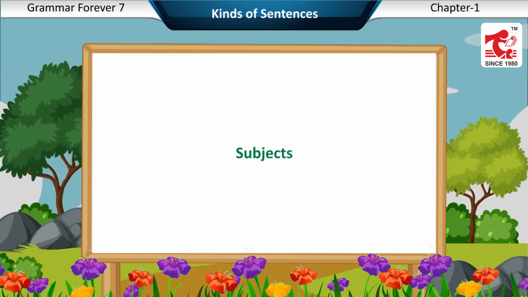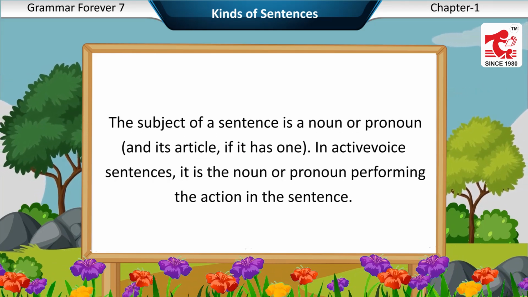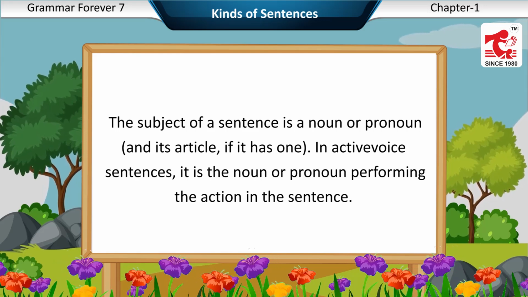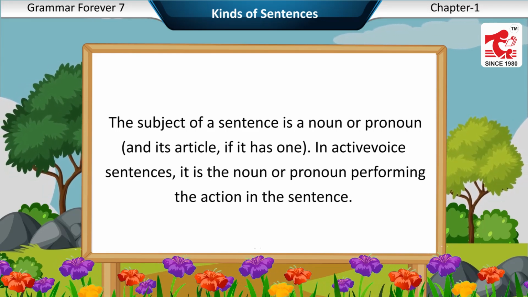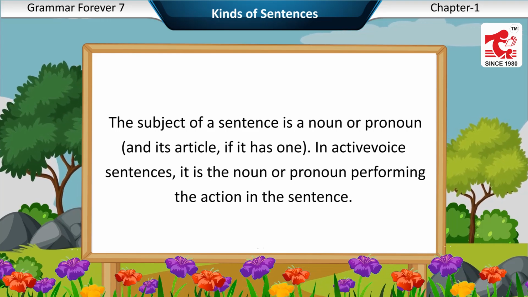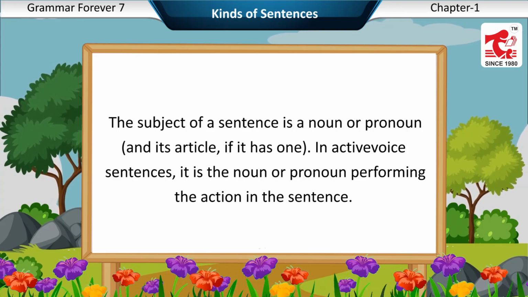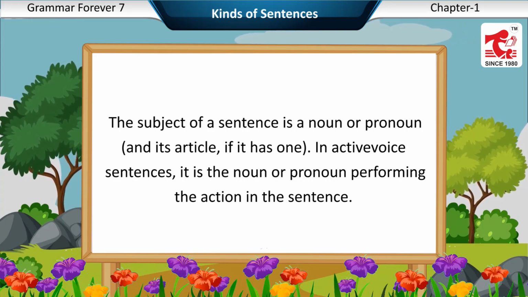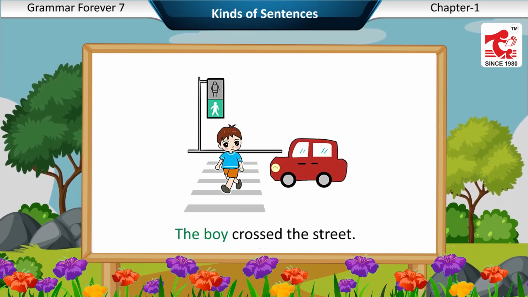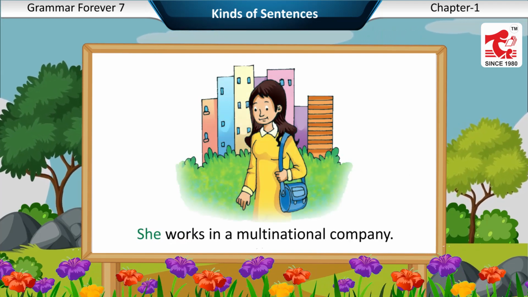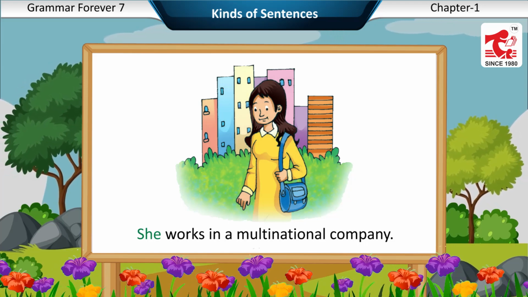Subjects. The subject of a sentence is a noun or pronoun, and its article if it has one. In active voice sentences, it is the noun or pronoun performing the action in the sentence. Example: The boy crossed the street. She works in a multinational company.